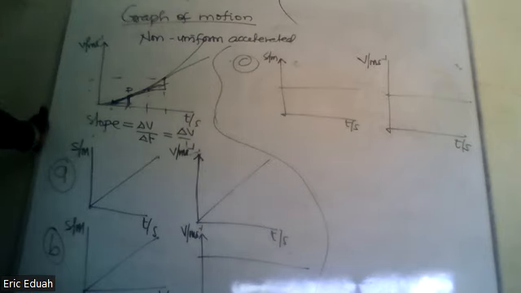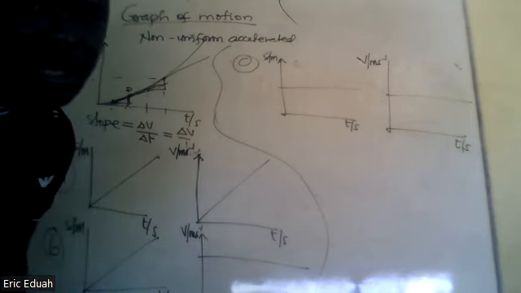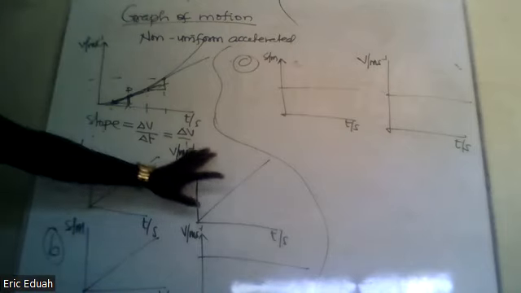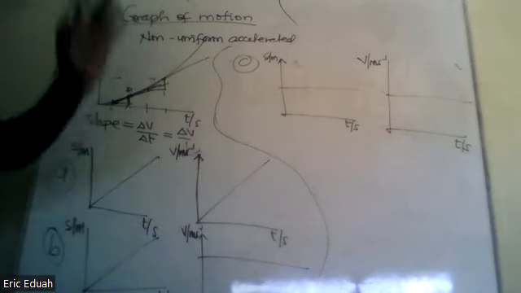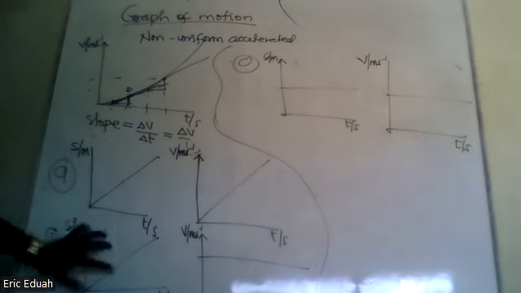Over here, because the velocity is uniform or constant, acceleration is 0, as you said. Over here, the acceleration is uniform, constant throughout the motion. Do you get it?